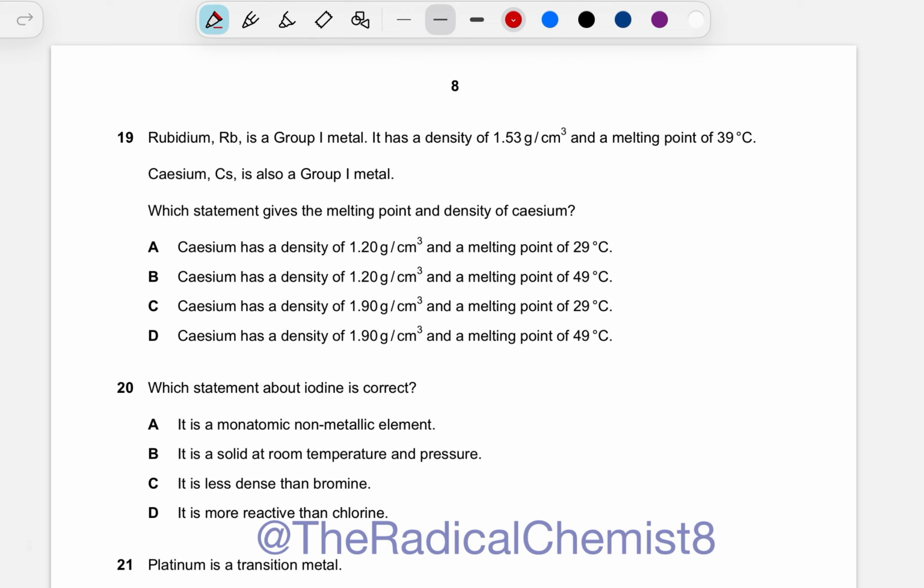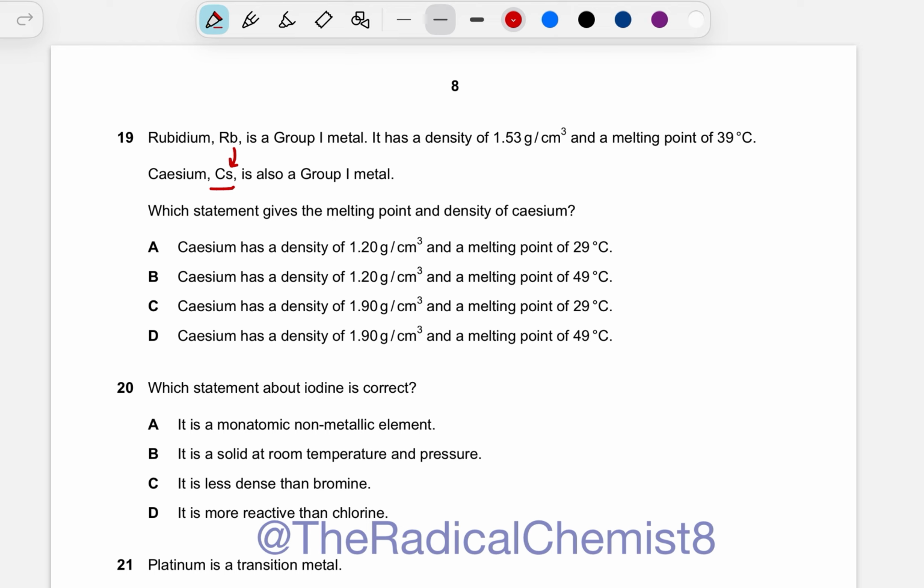Next, rubidium is a group 1 metal. It has a density of 1.53 grams per cm³ and a melting point of 39 degrees. Cesium is also a group 1 metal. Which statement gives the melting point and density of cesium? First of all, this is talking about properties of group 1. Cesium is below rubidium in the periodic table, so it's lower down in the group.